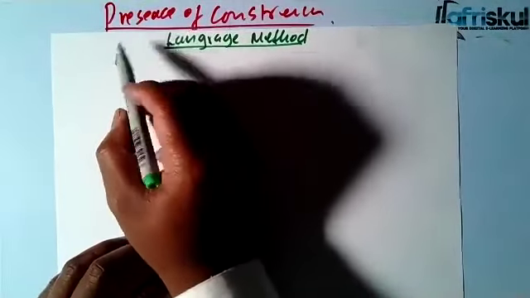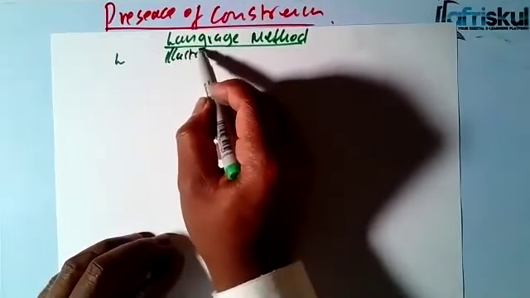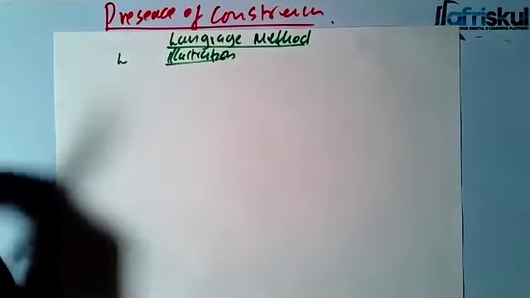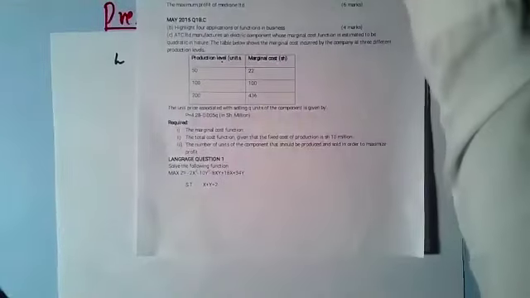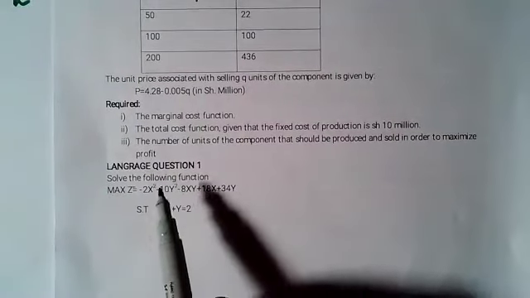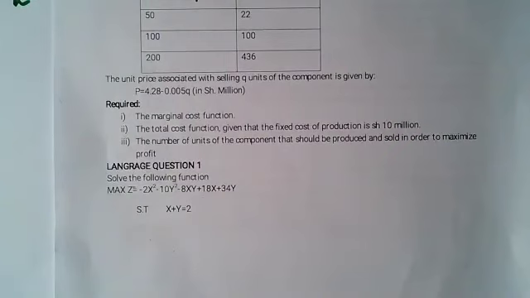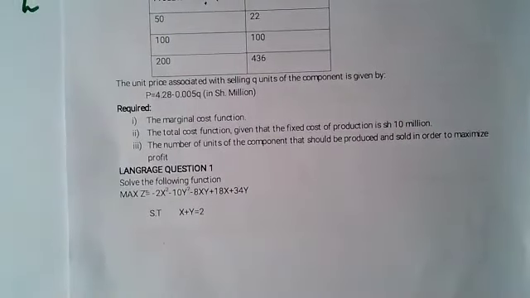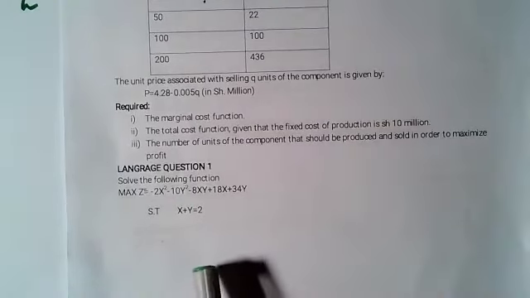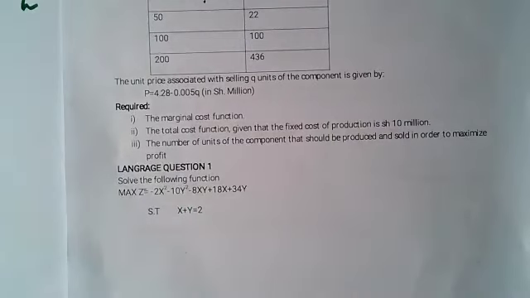So let's do an illustration. I want us to try an illustration, then I give you a question. So I want us to do this question, Lagrange. Solve the following function. You are told to maximize Z, or to maximize the profit, and you are given the equation, but you are told subject to. If you are given subject to, that means there's a constraint. So we have some condition. So how do we solve that?